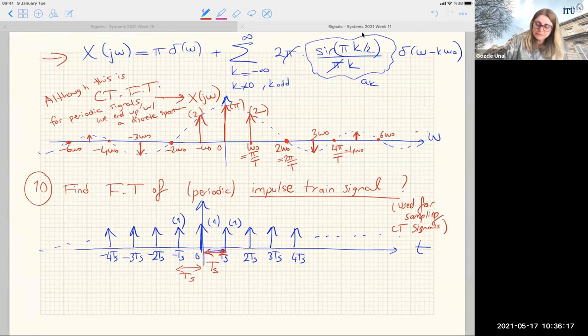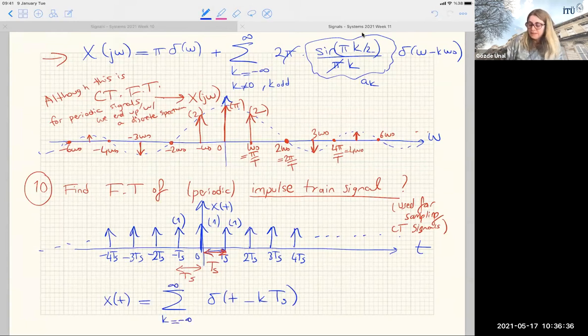I can write this mathematically as x of t as delta shifted to every TS seconds, right? Shifted impulses, k, and it can repeat itself infinitely, right? And it's periodic with, what is the period of this signal?